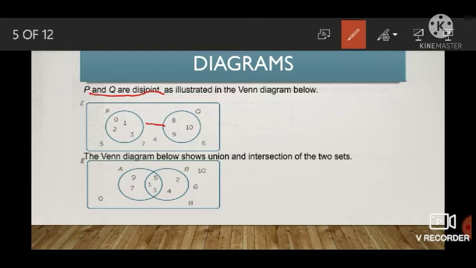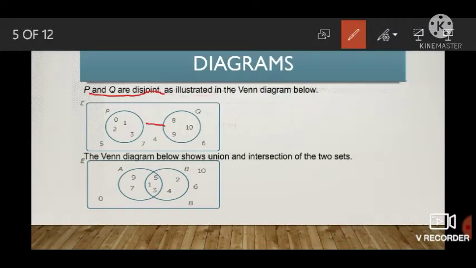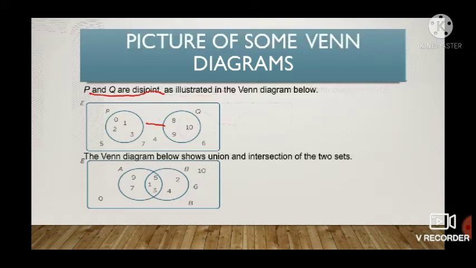So 153 will be the intersection of these two sets A and B, and the union of these two sets will be all the elements. But please take care while writing the union that 153 is counted only one time. You should not write in the union 9, 7, 1, 5, 3, 1, 5, 3, 4, 2, because the intersection should be counted only one time while we are counting the union of two sets.